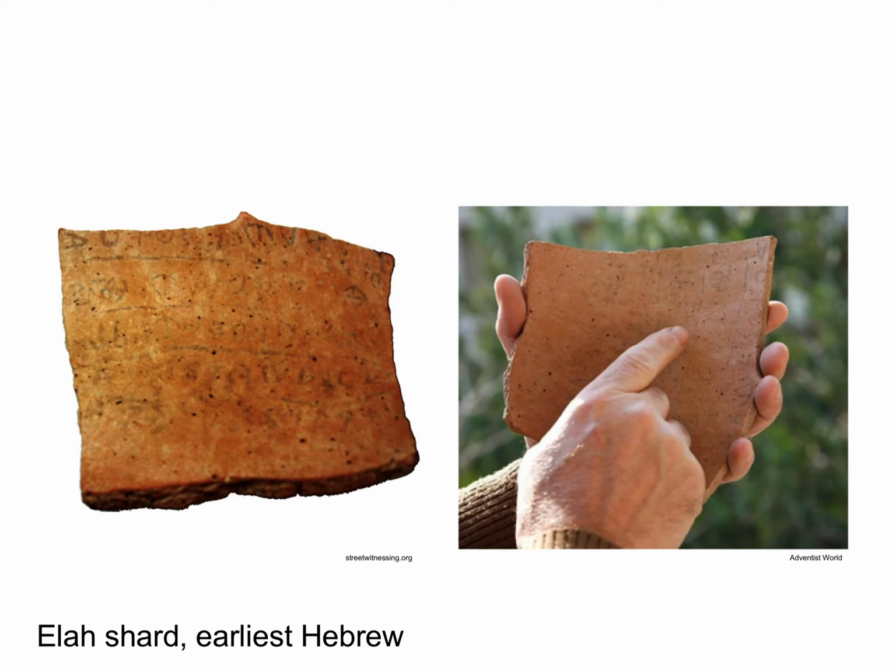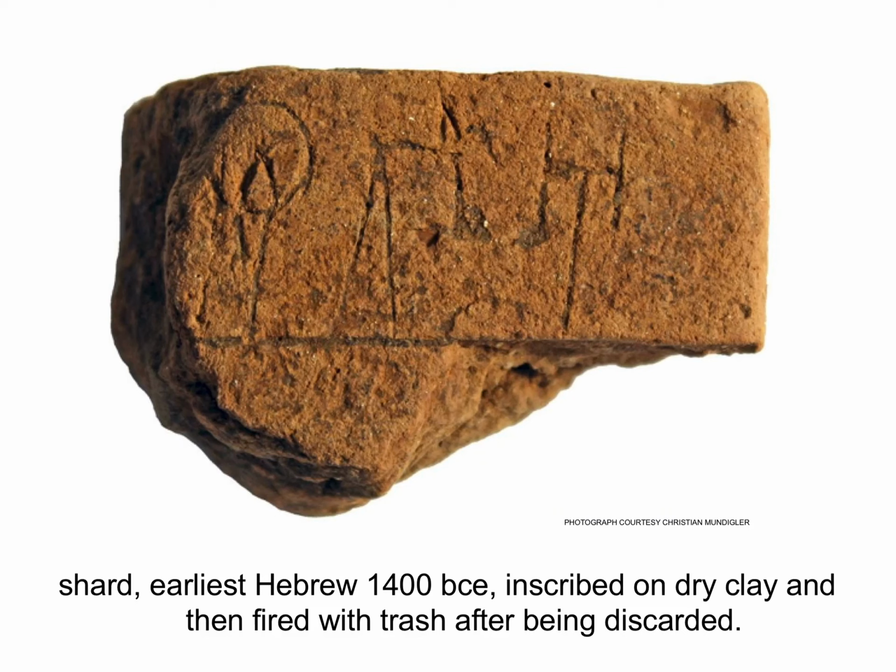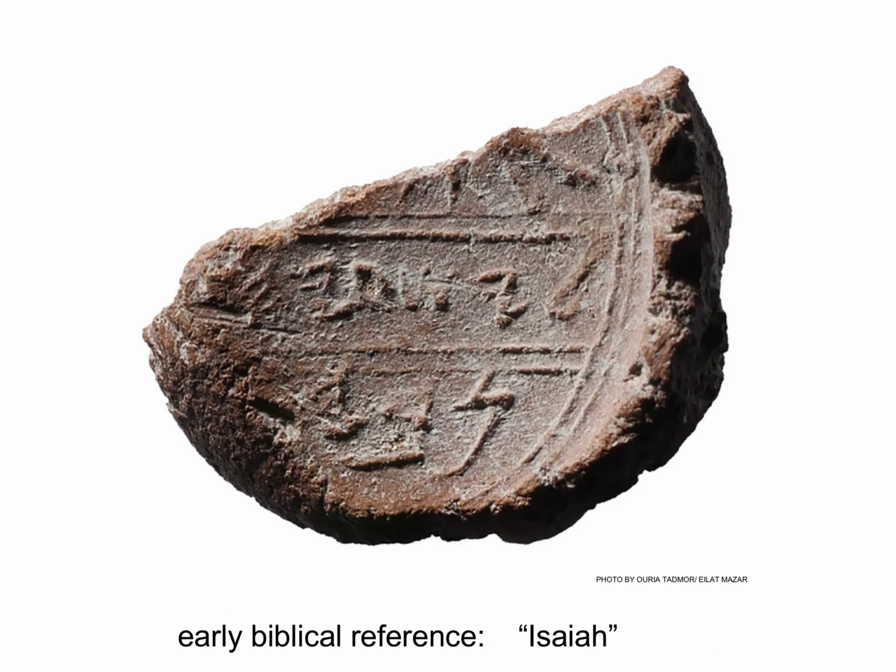The earliest Hebrew we have is also on a shard, the Ela shard. And some of those shards were inscribed on dry clay and then fired with trash after being discarded. And it is when they were fired with the trash that they became permanent and were preserved for us.